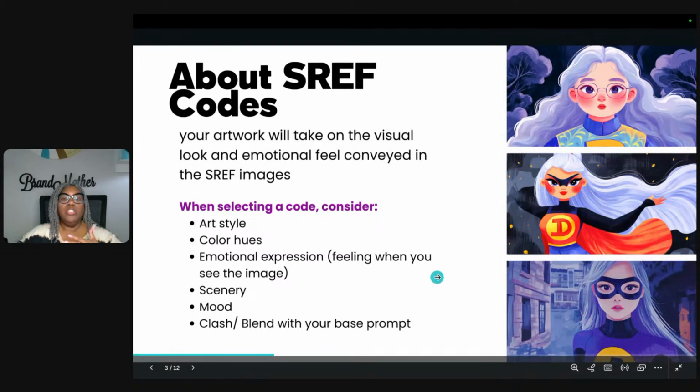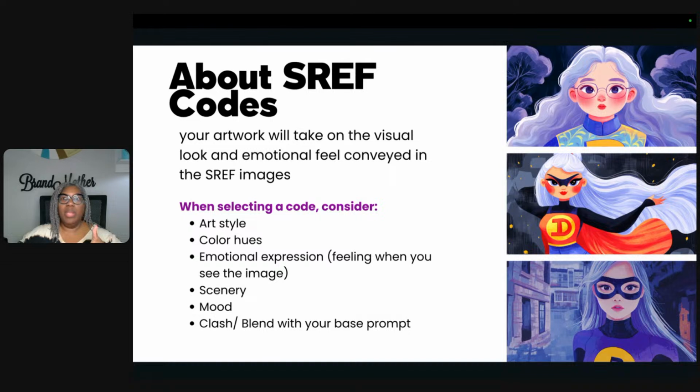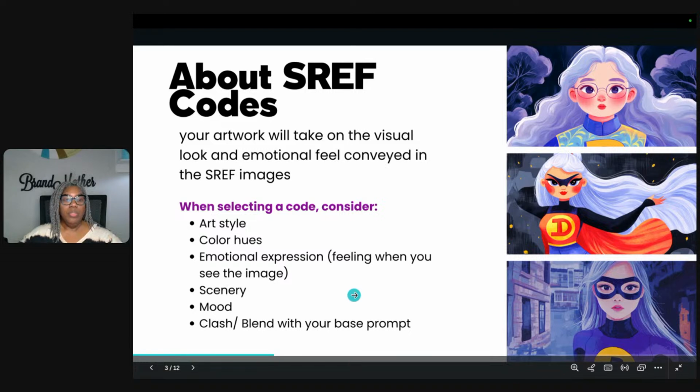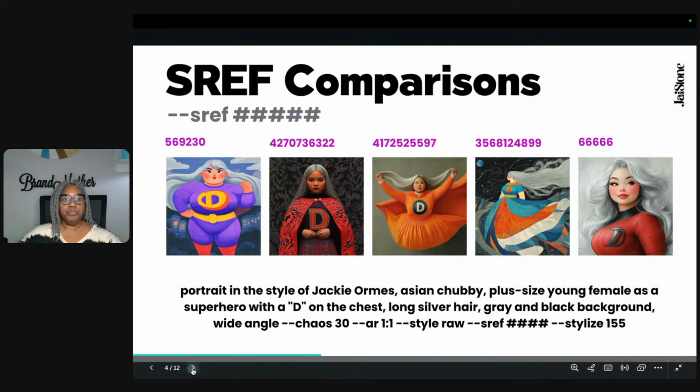And so this could clash with your base prompt. Like one SREF that I really love has very muted colors, and I tend to like vibrant colors, and I can't prompt around that no matter what I do. So those are the things that you have to consider when you see it. Do you really love everything about it? And does it work with your aesthetic that you're going for?